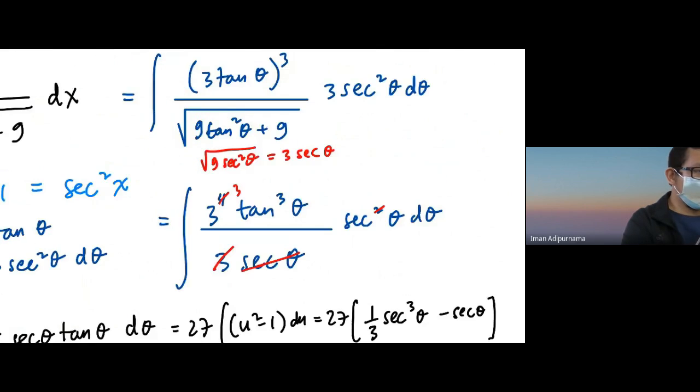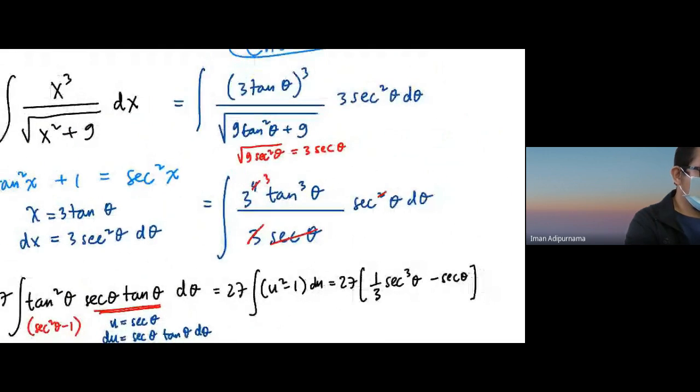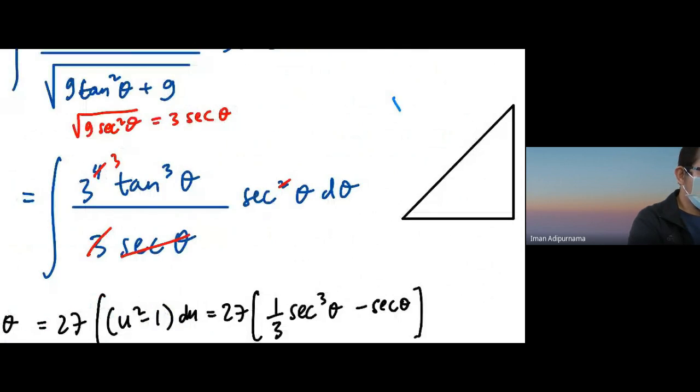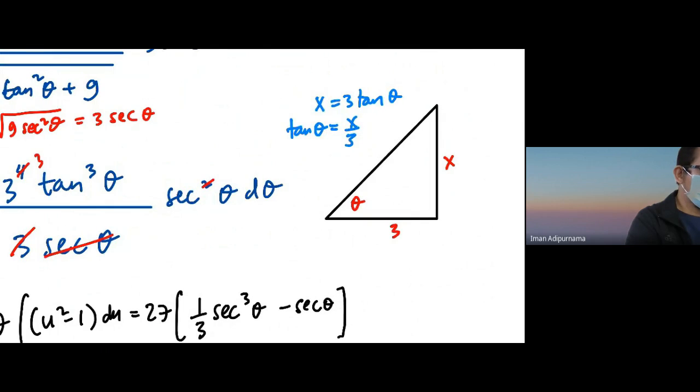And again, we are going to look at the triangle. In our case, x is equal to 3 tangent theta, or tangent theta is x over 3. So this is theta, this is x, this is 3.